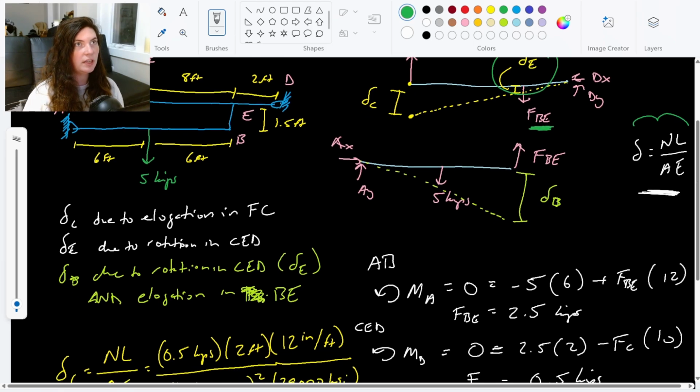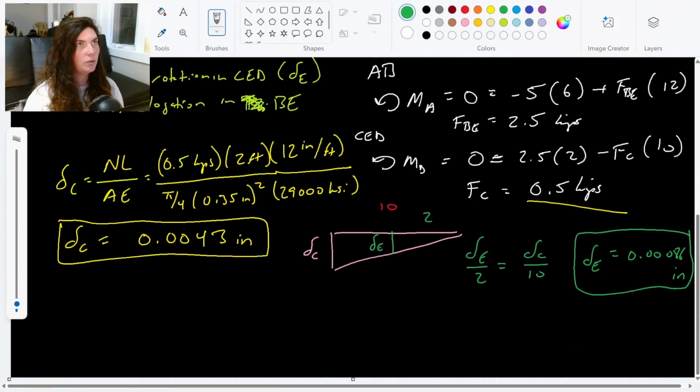So I'm going to need to calculate, using the axial load formula, the elongation in FBE, and then just add on the delta E. So my last guy here, delta B, is going to be delta E plus the elongation of B with respect to E. This B with respect to E is our normal times length over area times modulus of elasticity.